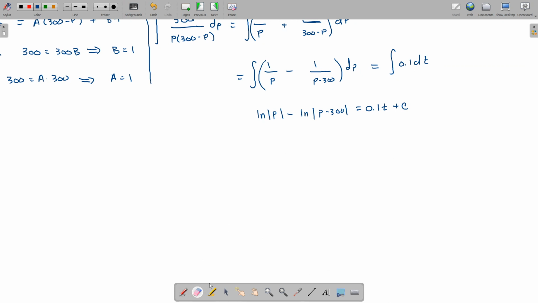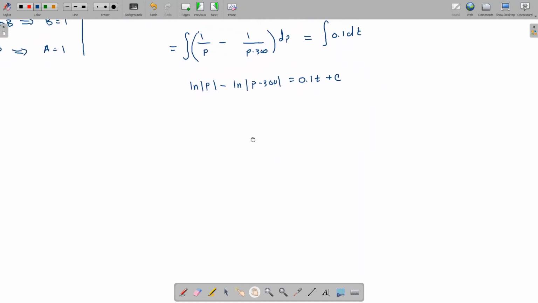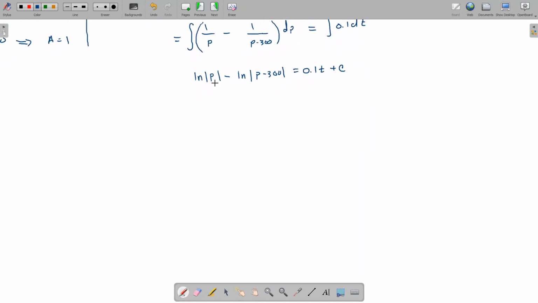So this is our solution to our differential equation, but we really would like to solve this for p. This is where it starts to get a little nasty, so stick with me here. First thing to notice is we have a difference of logs, so that can be written using a property of logs as a quotient. If you have a difference of two logs, it can be written as the log of the quotient.